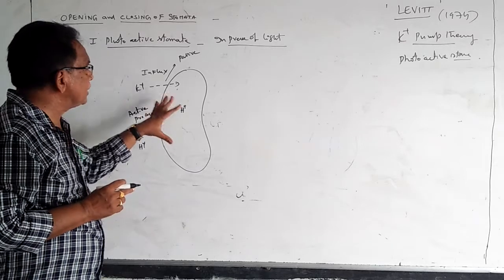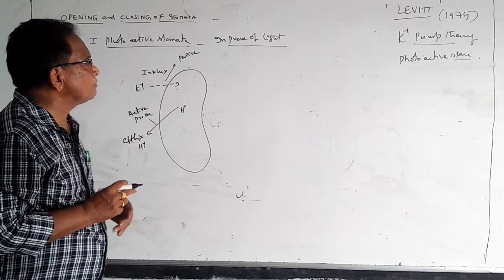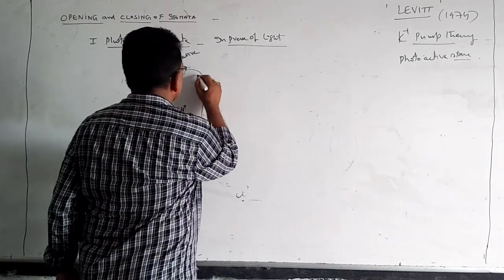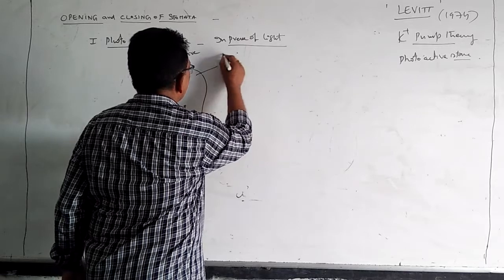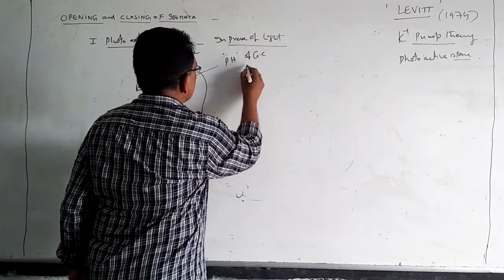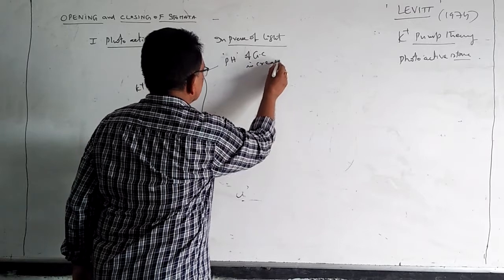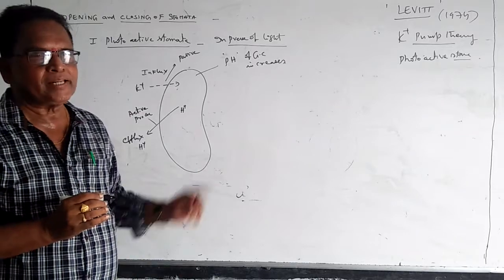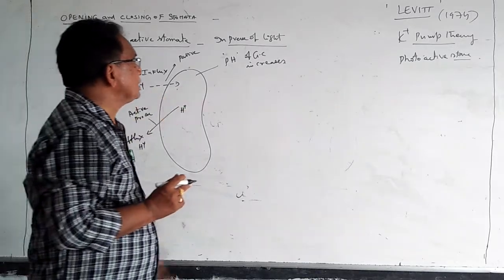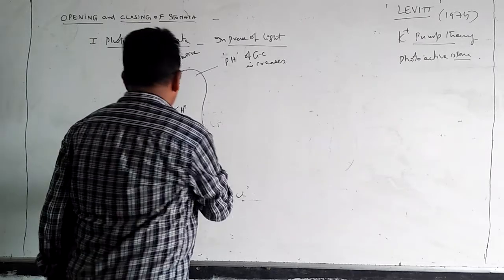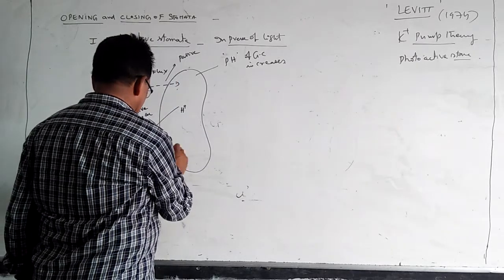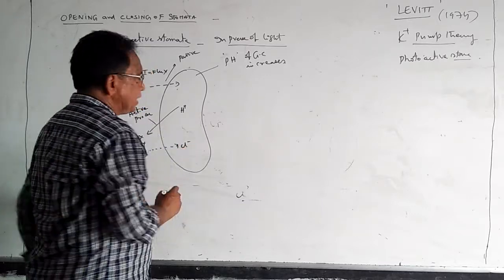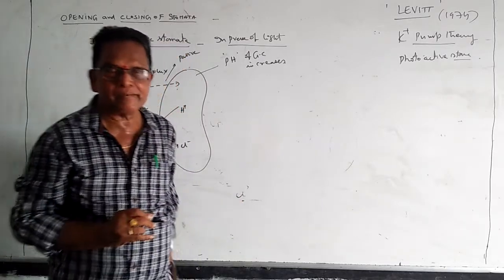So, because of this accumulation of potassium cations, there is a gradual increase in the pH of the guard cell. And as the pH of the guard cell increases, there is also a simultaneous entry of chloride anions from outside.